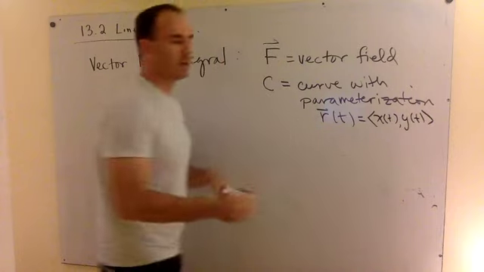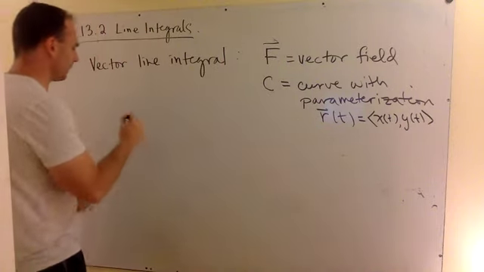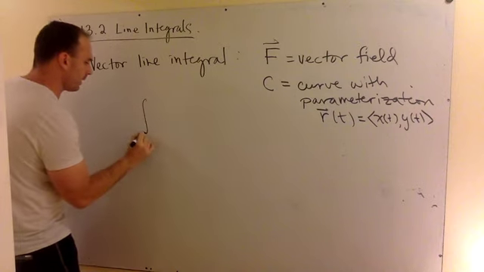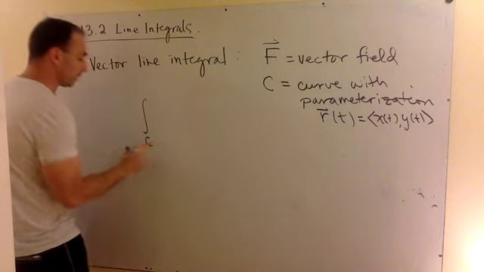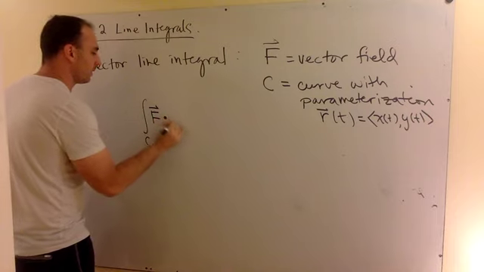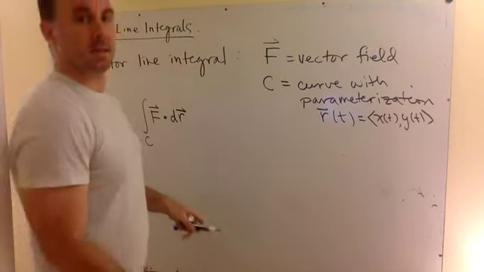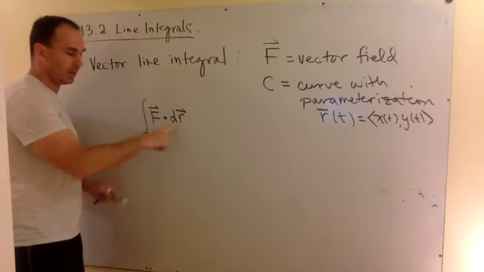We're just doing two-dimensional vector fields here, but you can just as easily do three. And then the vector line integral is written like so: this is F dot dr.